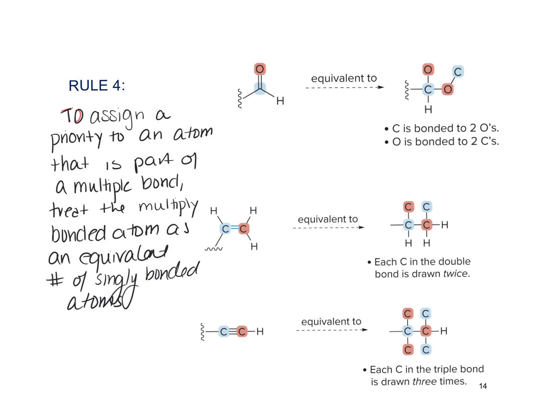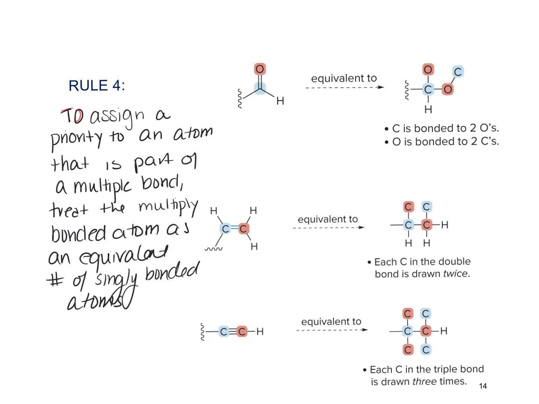So, for example, if we were looking at the priority here and we have a C double bond O, this would be the equivalent of this carbon being bonded to 2 oxygens. And then the oxygen is also bonded to 2 carbons.